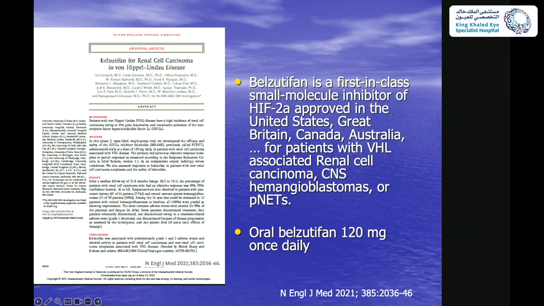I think the study looking at renal cell carcinoma is the pivotal trial that got the approval in the US and Canada, as well as Great Britain, for this oral medication for the treatment of renal cell carcinoma.